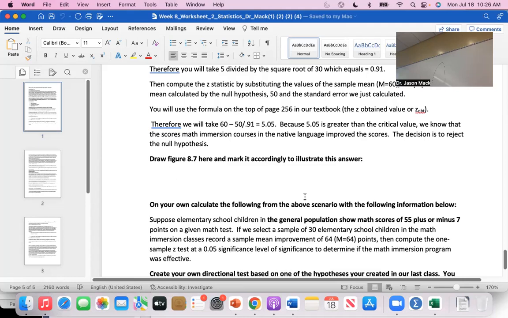The standard deviation, which would be 7 this time, divided by the square root of 30. 7 divided by the square root of 30. Does everyone know where I'm getting that from?